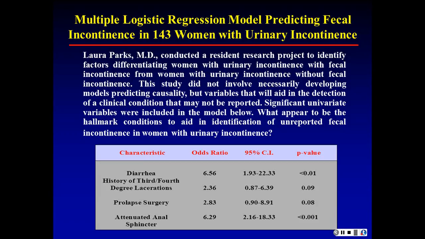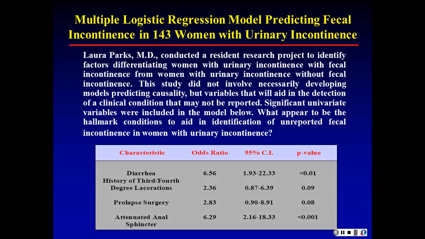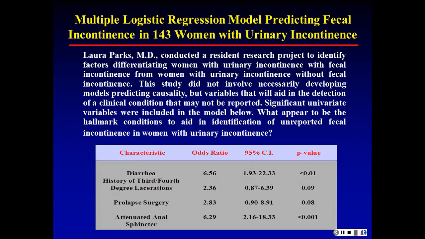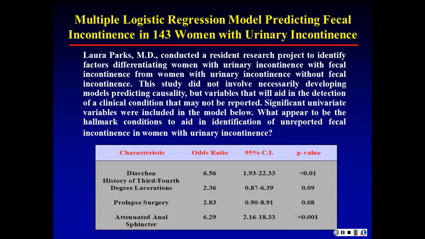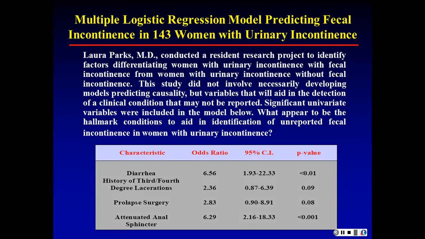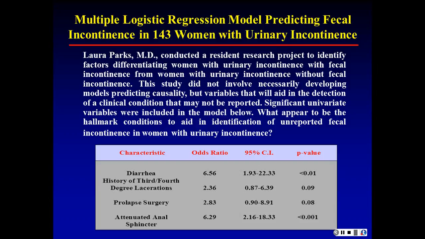Because if the physician noticed the person having these factors, they could say, Mrs. Jones, I know that you're here because you have problems with your urination, but do you also have problems with your defecation? Do you have problems with fecal incontinence? And this could open up another whole avenue of discussion to identify and then treat a condition which probably wouldn't have been reported. So that was the purpose why the study was done.